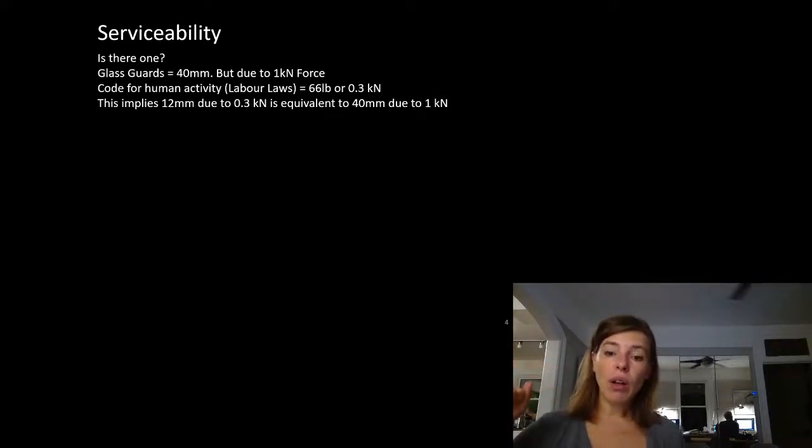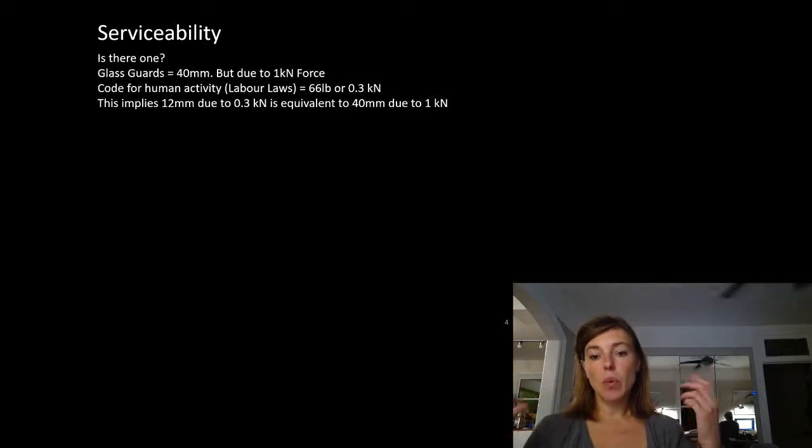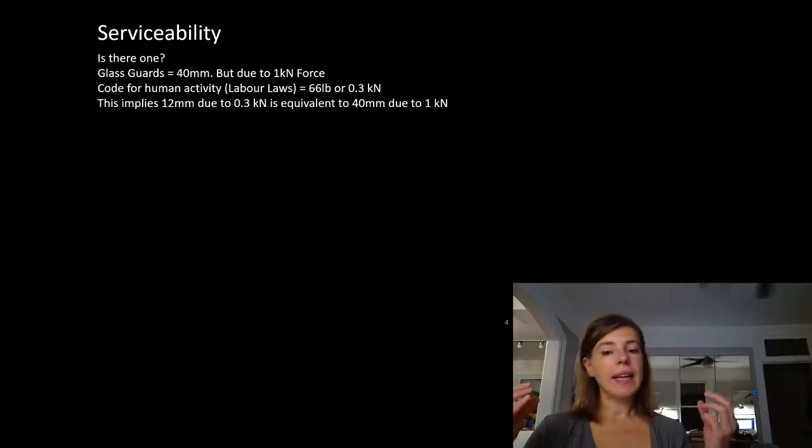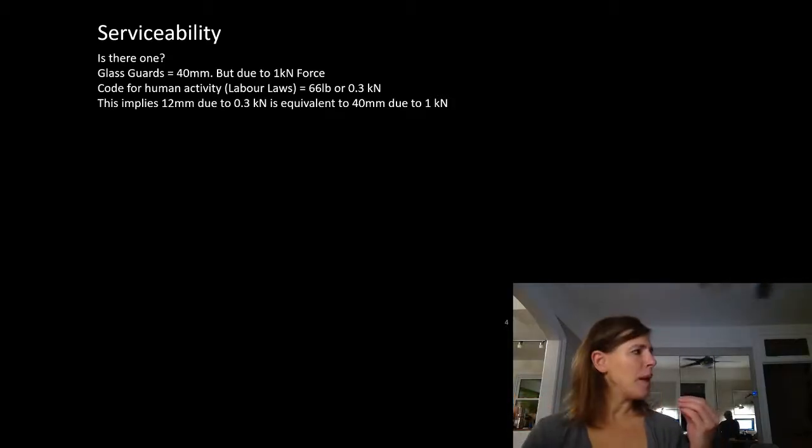Trying to pull on something using your own weight, it's really hard to get 1 kilonewton of force. We have a meter with 2 carabiners on the end that we'll actually use to test guards. And it is a very difficult effort to generate the 1 kilonewton on your own.